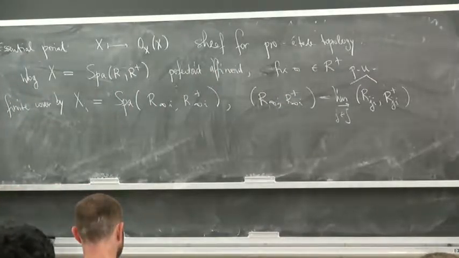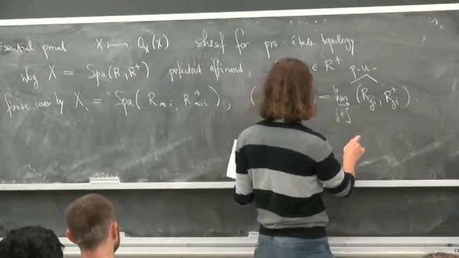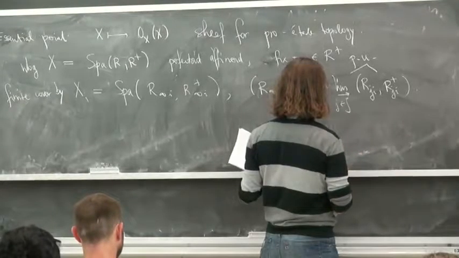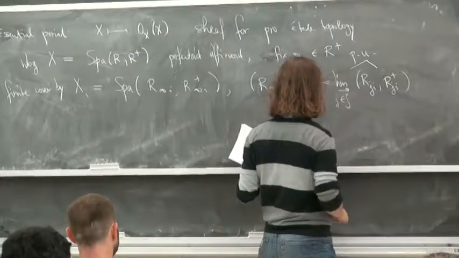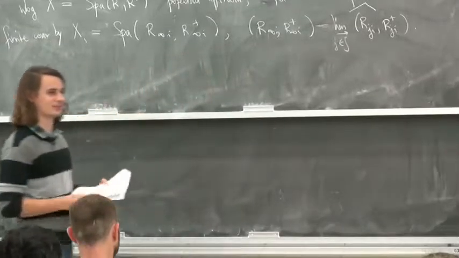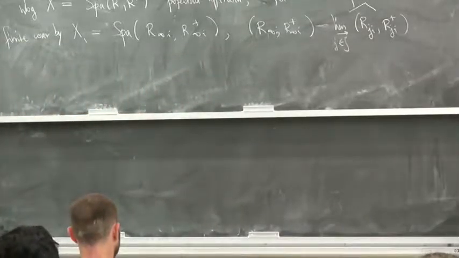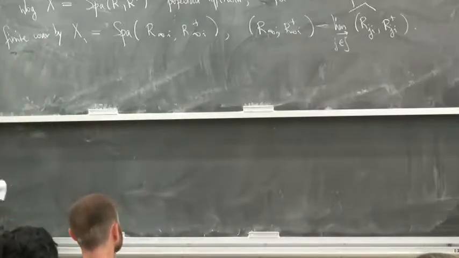The index set depends on i, but I guess I could make it independent of i because there are only finitely many. But let me pretend there was just one index set. So you say the i's are finite. Is there only a finite cover?